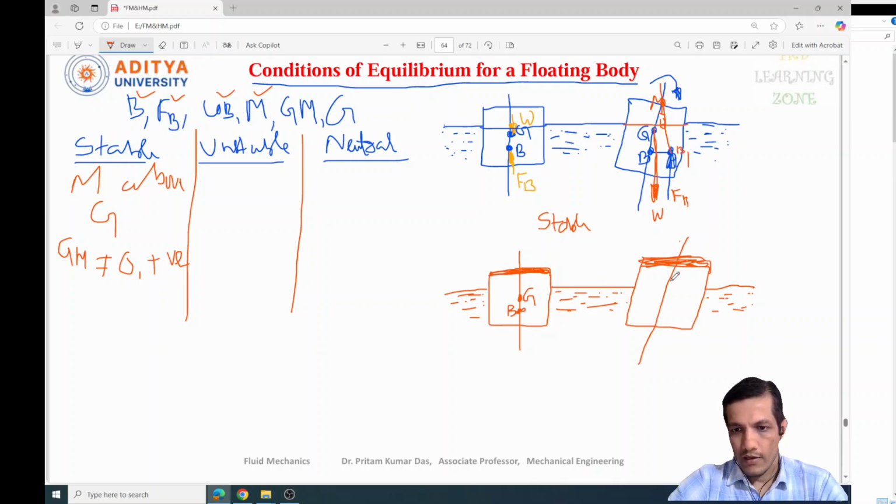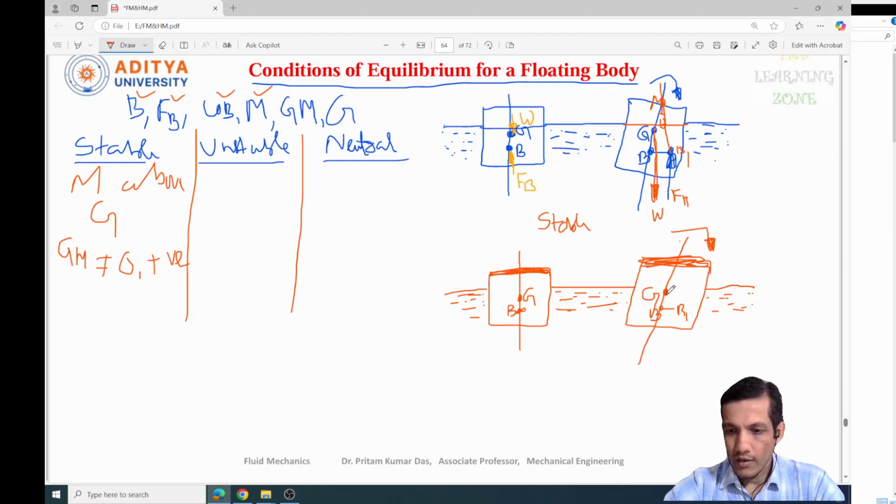Now see, the G point will be as usual at its point only, but due to this rotation, this angular displacement in the clockwise direction, the B point is not going to be at its original point. It is going to change its position by some distance, let's say to the B1 point.